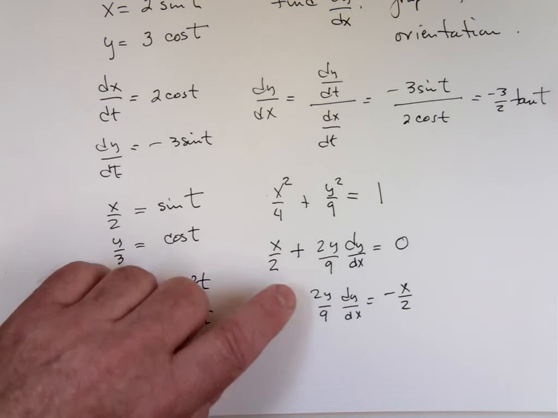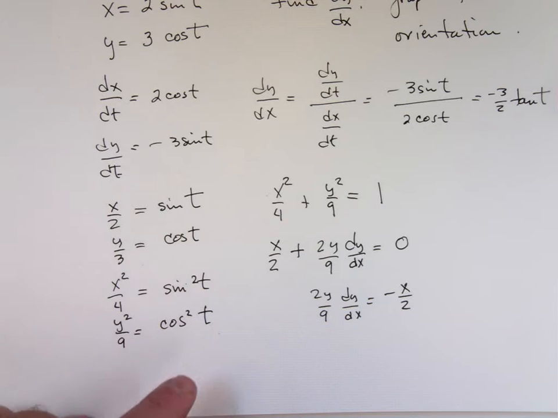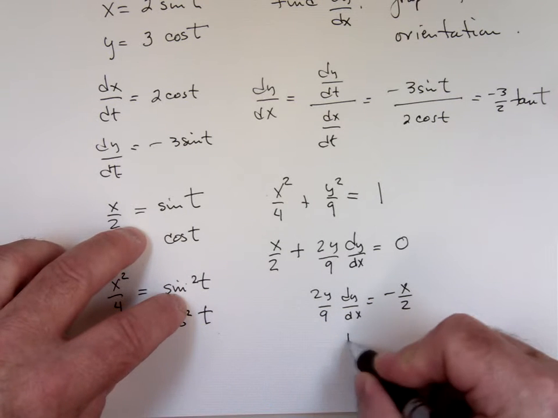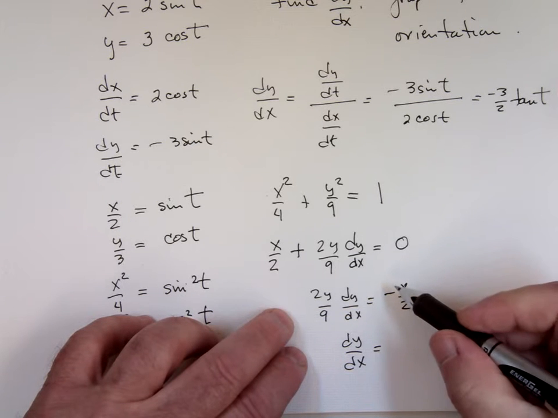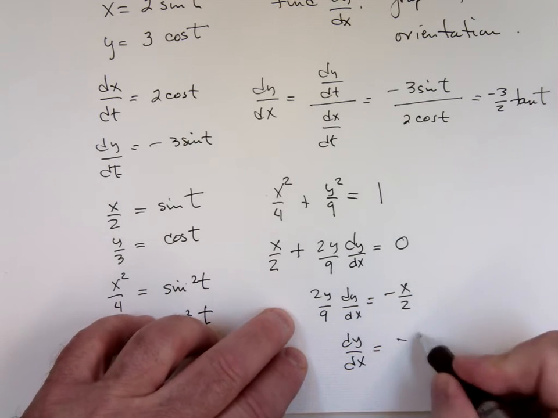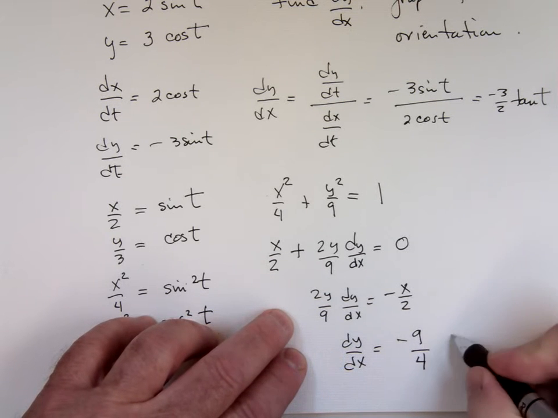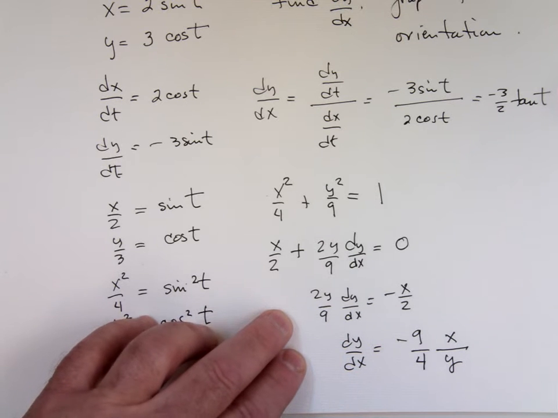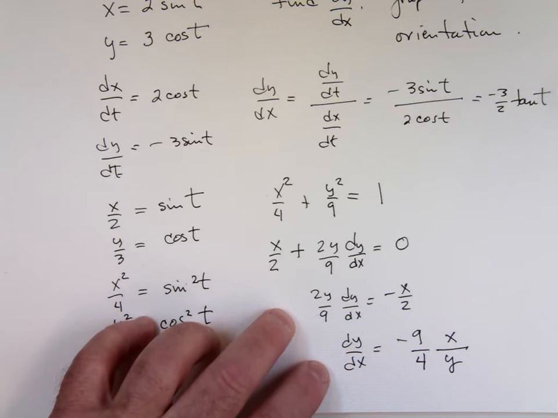I'm going to multiply both sides by 9 halves and divide by y. So I'm going to multiply by 9 halves, and I've got an x, and I'm going to divide by y. So now I have the derivative in terms of x's and y's.